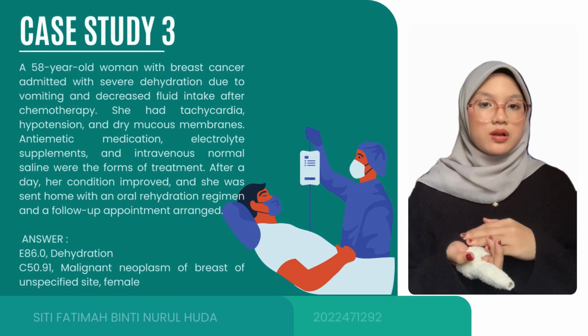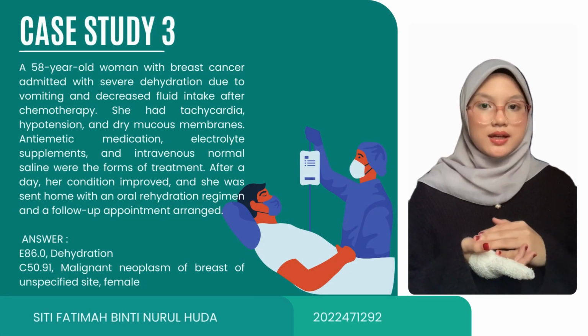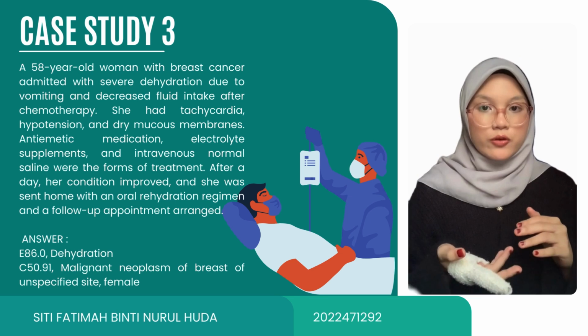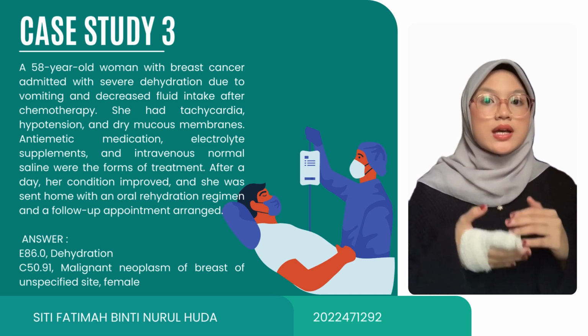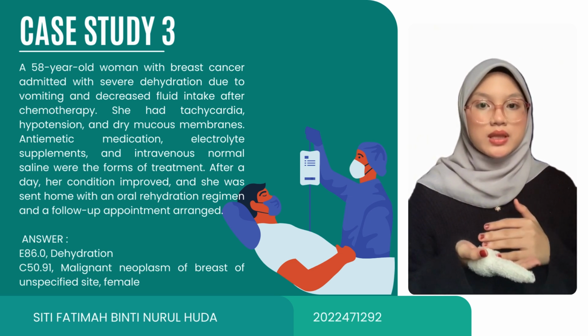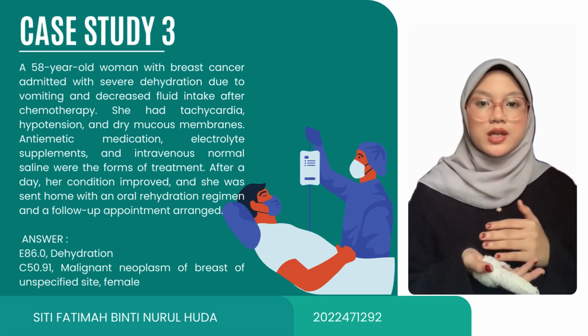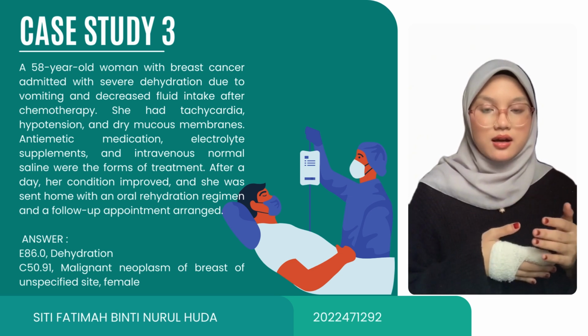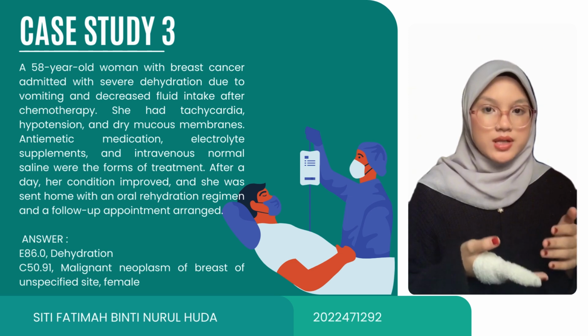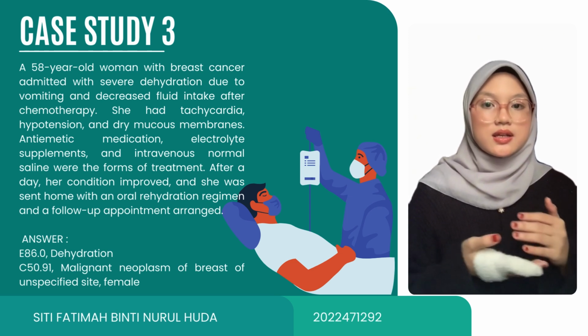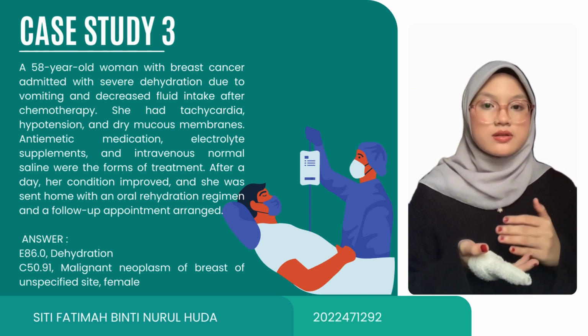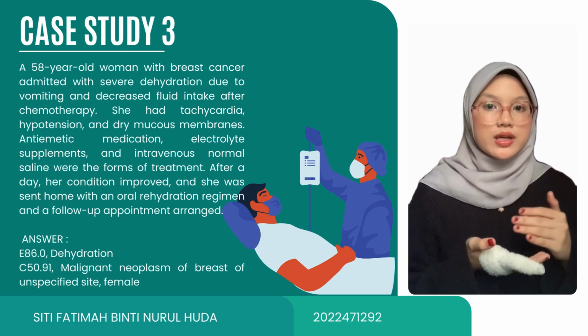This is an example of a case study related to the guideline. A 58-year-old woman with breast cancer admitted with severe dehydration due to vomiting and decreased food intake after chemotherapy. She had tachycardia, hypotension, and dry mucous membranes. Antiemetic medication, electrolyte supplements, and intravenous normal saline were the forms of initial treatment.